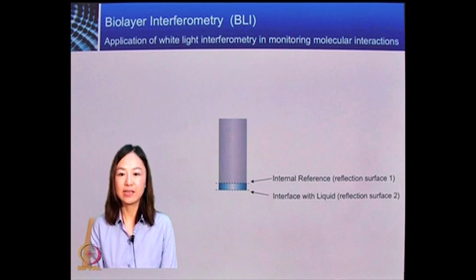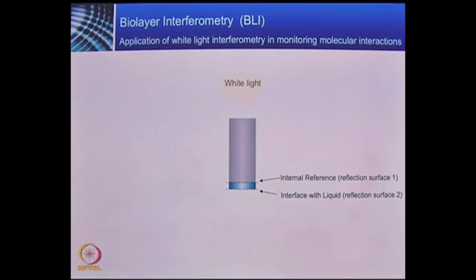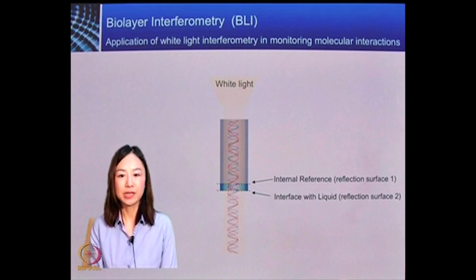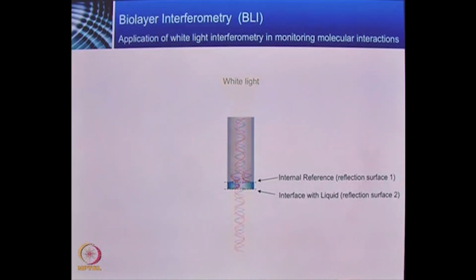And the second layer is an interface between the tip of the biosensor and the liquid. When the biosensor is put into the BLI instrument, the instrument will generate visible light. This light will go through the biosensor, and as we know, some of the light will be reflected from the two layers of reflection surfaces.